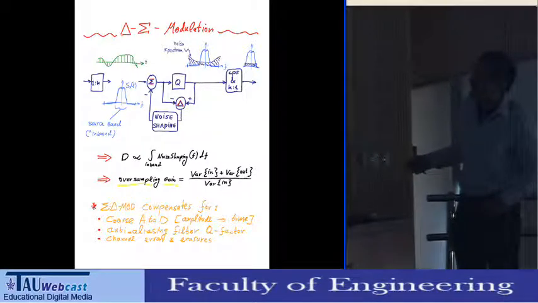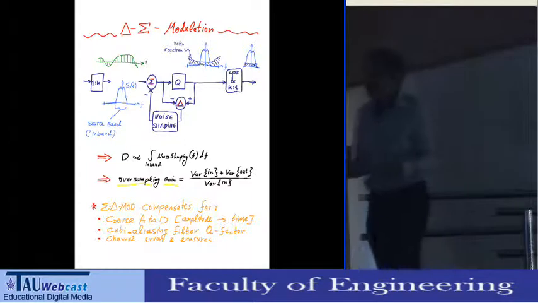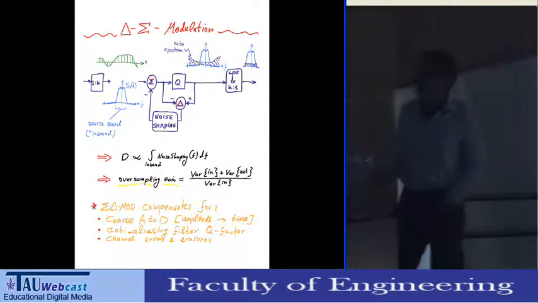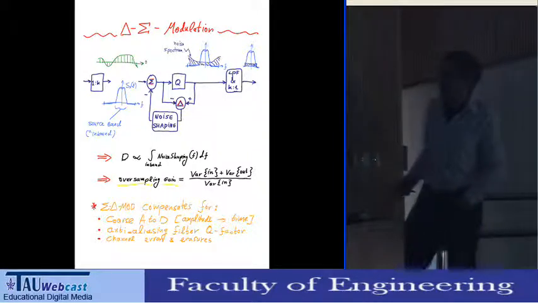And so the noise gets some high-pass spectrum over the entire band. And then after the low-pass filter, I'm left with much smaller noise than I started with. The distortion would be only the integral over the in-band part of the spectrum, so the oversampling gain is the ratio between the total noise and the in-band noise.